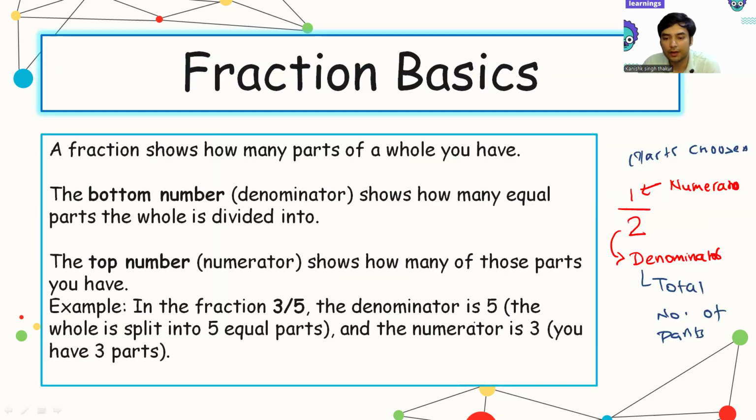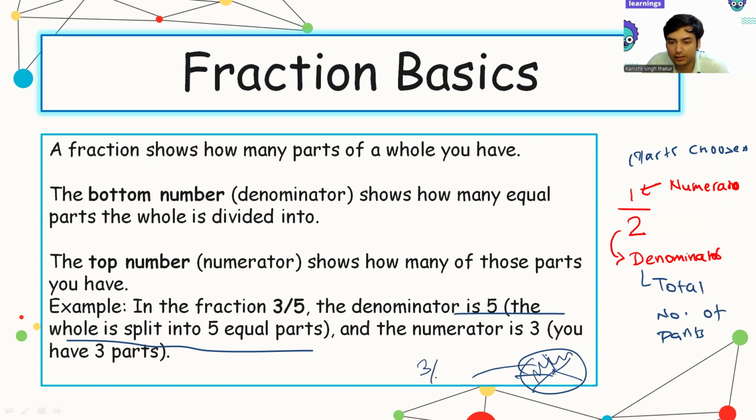Suppose you have 3 over 5. So 5 is the whole, which is split into 5 equal parts. Suppose you have a pizza and you split it into 5 equal parts, and out of those 5 I have chosen 3, so I can write my fraction as 3 over 5.